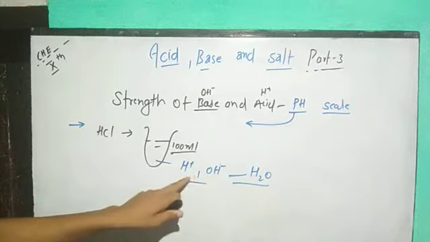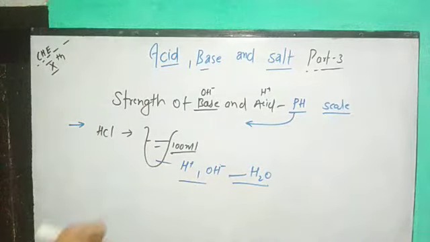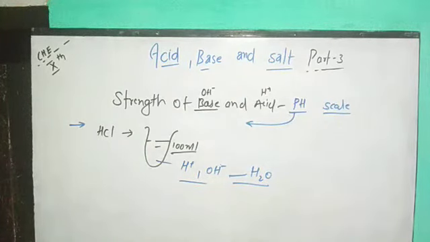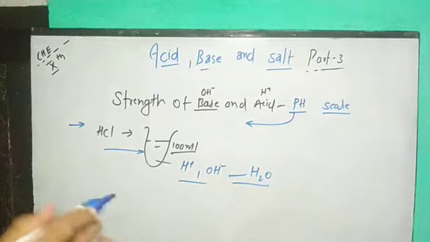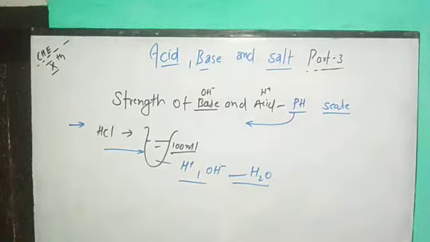The major thing is that we can't say the water or the acid solution contains only H plus ion, because OH ion is also available in every solution, whether it is acid or base. But if it is an acidic solution, then H plus ion will be more, and if it is a basic solution, then OH ion will be more.